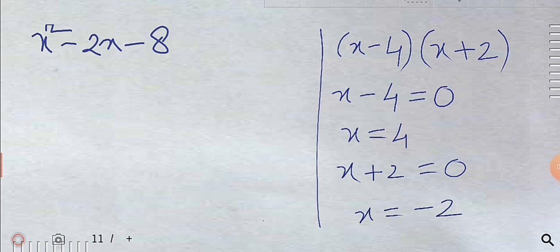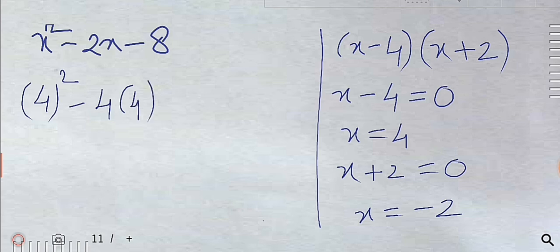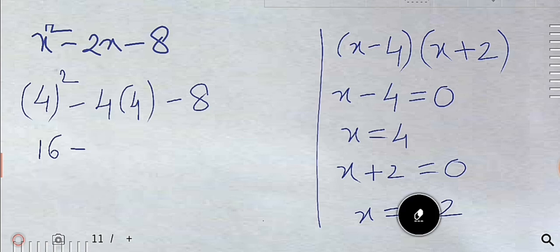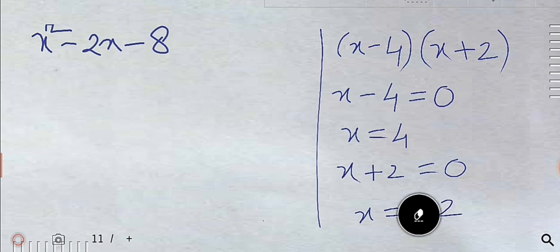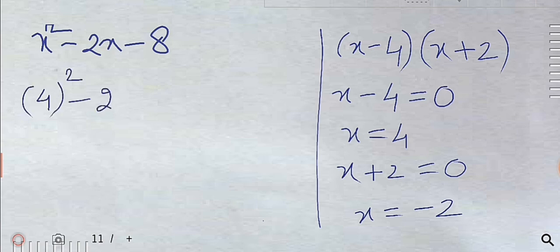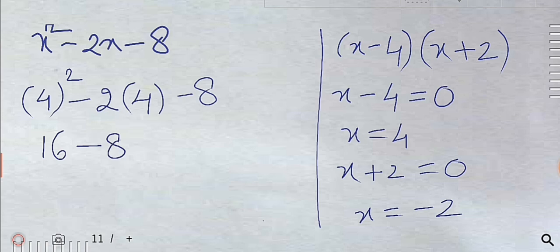Now x equal to 4, I am replacing here: 4 square minus 2 into 4 minus 8. 4 square is 16, minus 2 into 4 is minus 8, minus 8. 16 minus 8 is 8, minus 8 is 0.